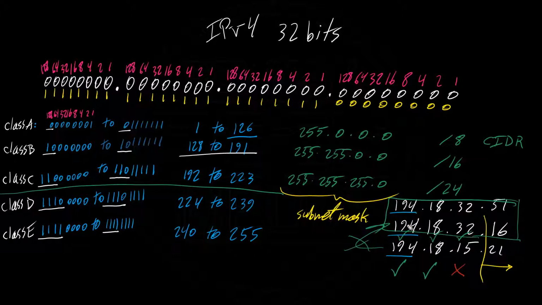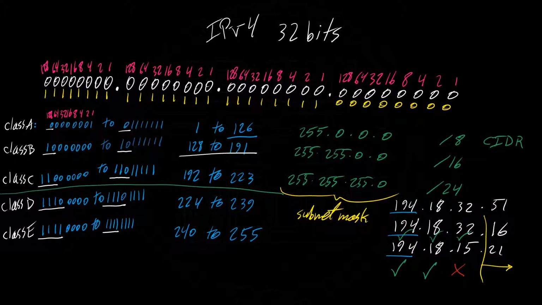So here we can see the main purpose of the subnet mask, and how important it is. It determines what section of the IP address belongs to the network and what section belongs to the host.